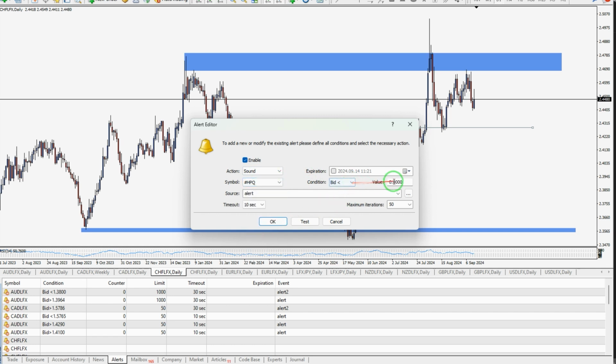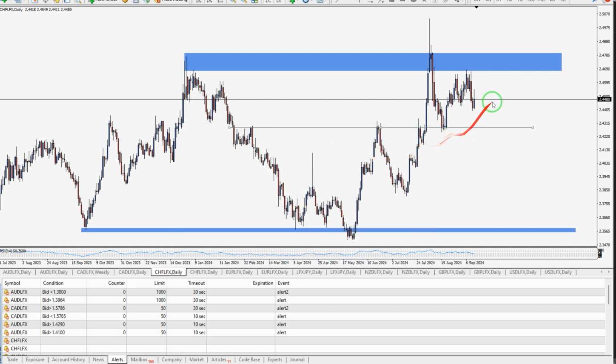Then every few seconds it should notify me how many times at most it should notify me. And this is also very simple in terms of its sound type. You can use this too, so I'll set it to notify me whenever the price reaches this level.